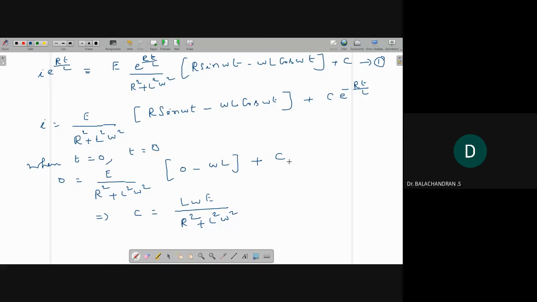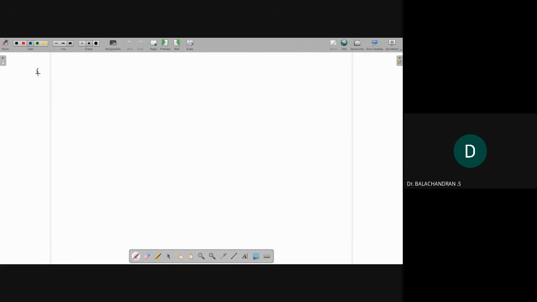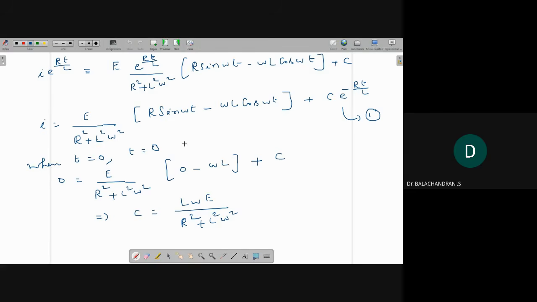Now substitute the value of C in equation 1, not this equation, this equation. Substitute the value of C here. So equation 1 implies I equal to, okay, I will write again, please check it.